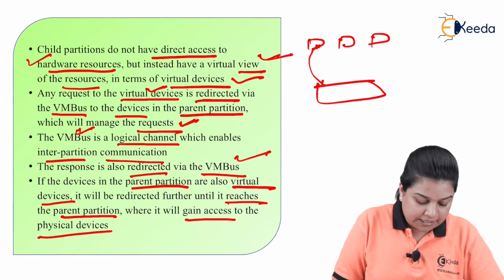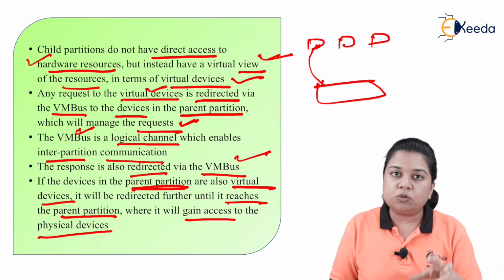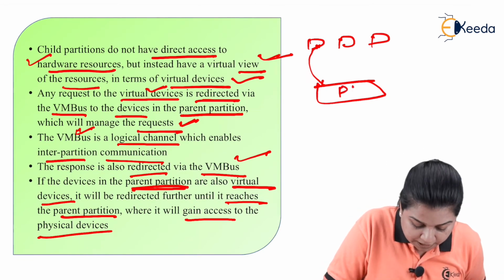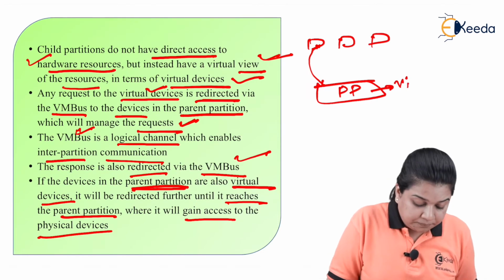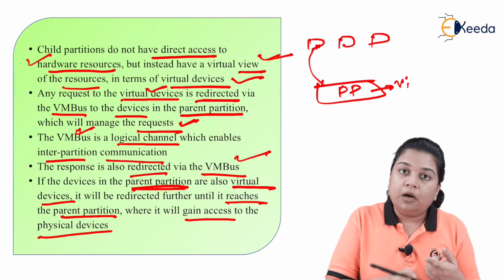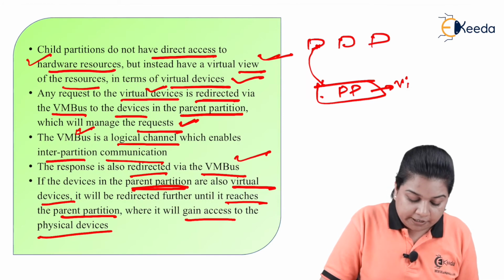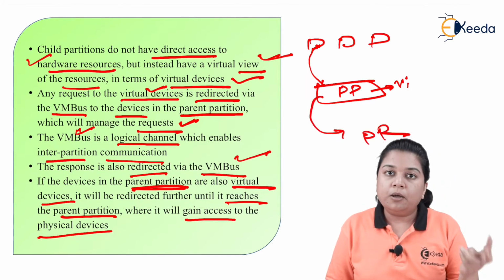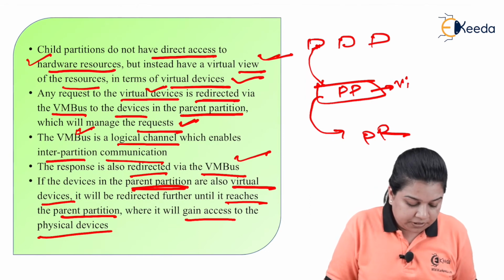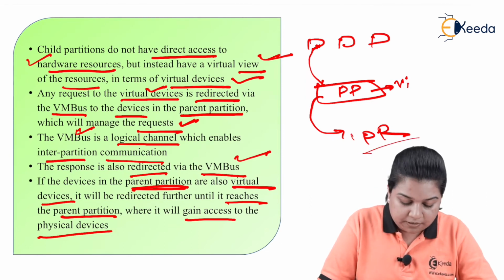So if the devices in the parent partition are also virtual, that means if this parent partition is also virtual and not physical, then it will be further redirected until it reaches the physical resources or parent partition, where it will gain access to the physical devices.